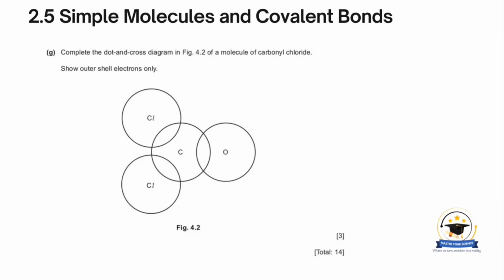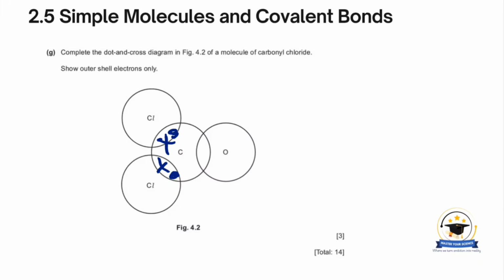So to put in there, forgive my drawing, but the electrons should be within that intersection.